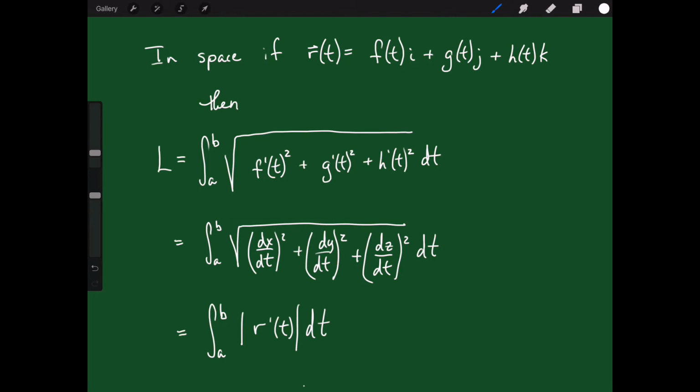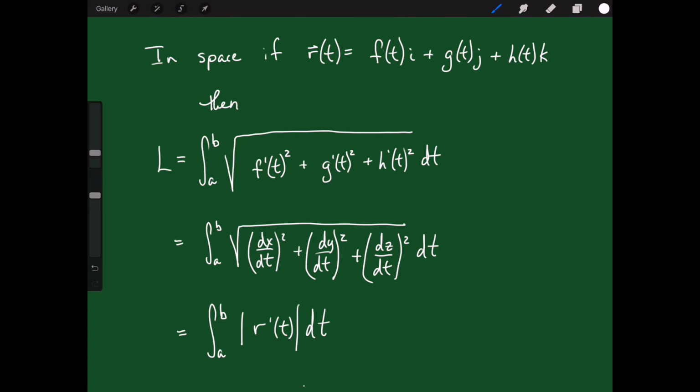All right, so in other words, length is actually equal to the integral of the magnitude of the velocity. All right, that's kind of interesting to think about for a little while. Or the magnitude of the velocity, of course, is what we call the speed.